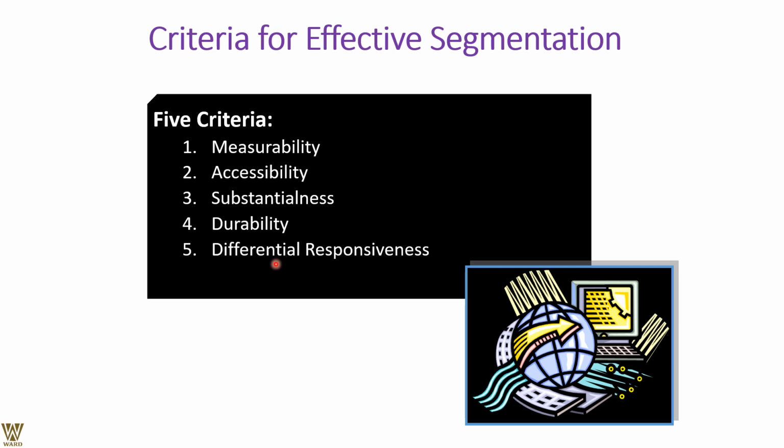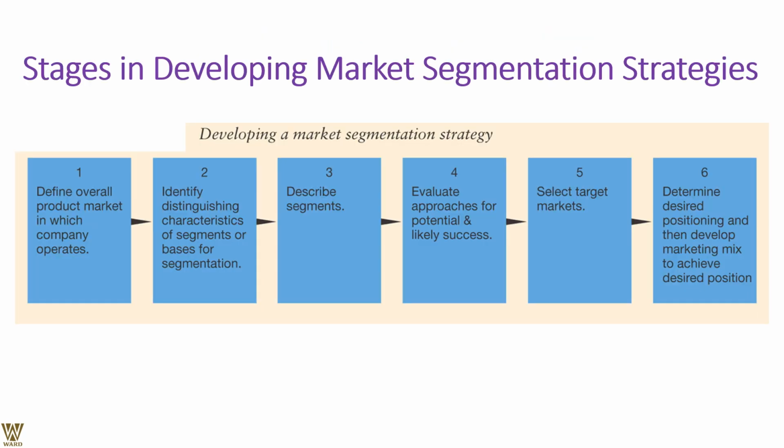So five criteria: measurability, accessibility, substantialness, durability and differential responsiveness are effective for market segmentation. Are we looking for a durable product? Are we going for measurable reach or effectiveness? Is it all about substantialness and so on?